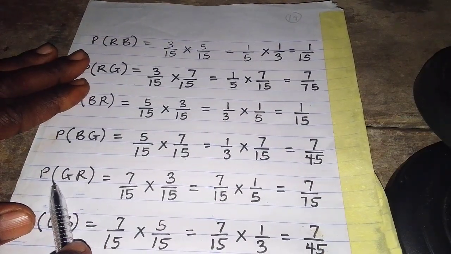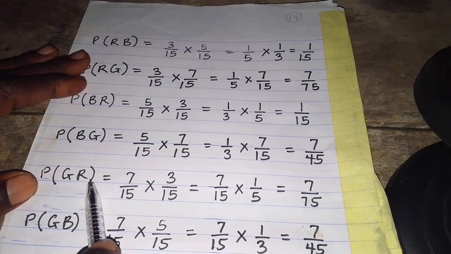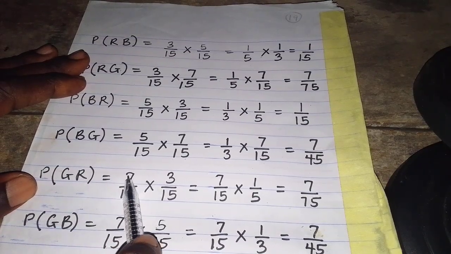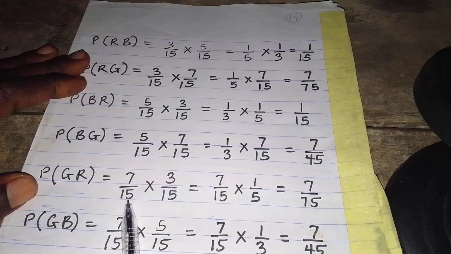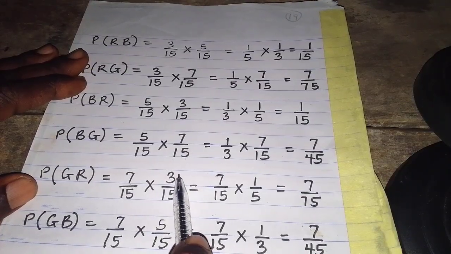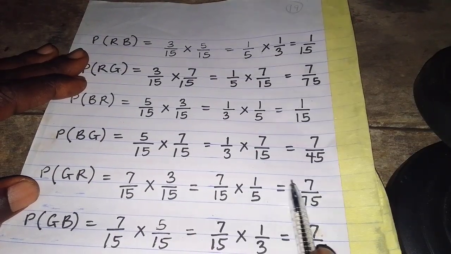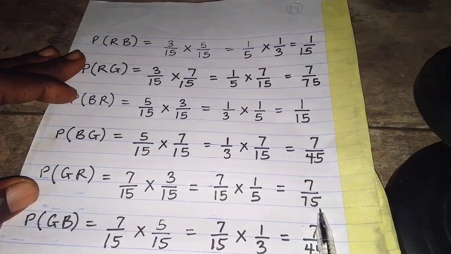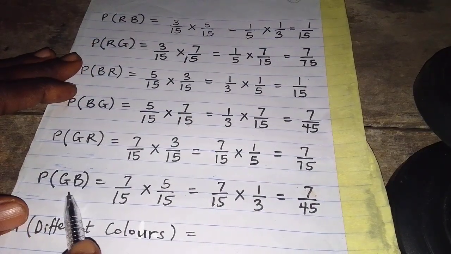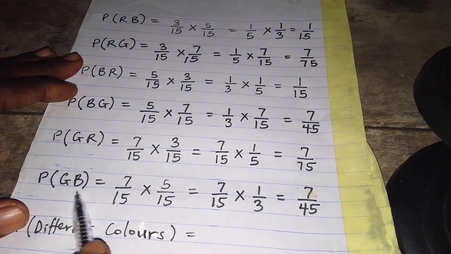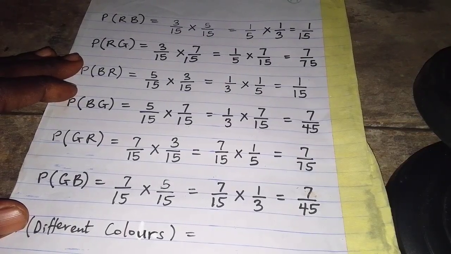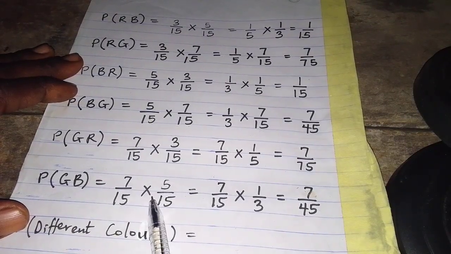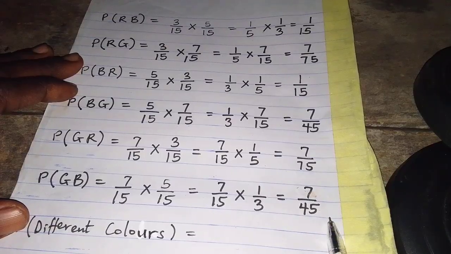Then the probability of the first one being green and the second red: the first one green is 7/15, the second one red is 3/15. When you multiply them, you get 7/75. Then the probability of the first one being green is 7/15 and the second one blue is 5/15. From here you multiply their probabilities, you get 7/45.